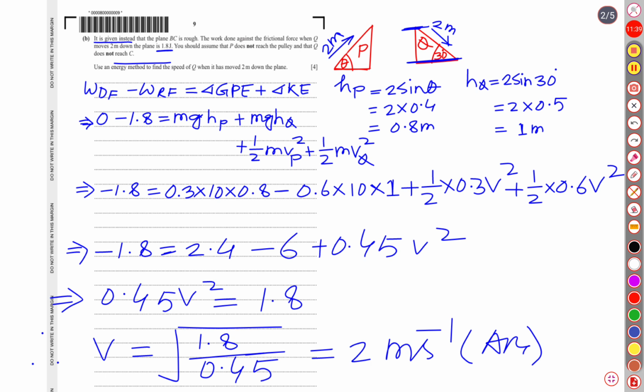Let's see the next question. Remember, the work energy equation works on the difference between the initial and final heights, as well as the difference between the final and initial velocities. These are the two components. That's why we always have to get these two components prepared before we start our solution.